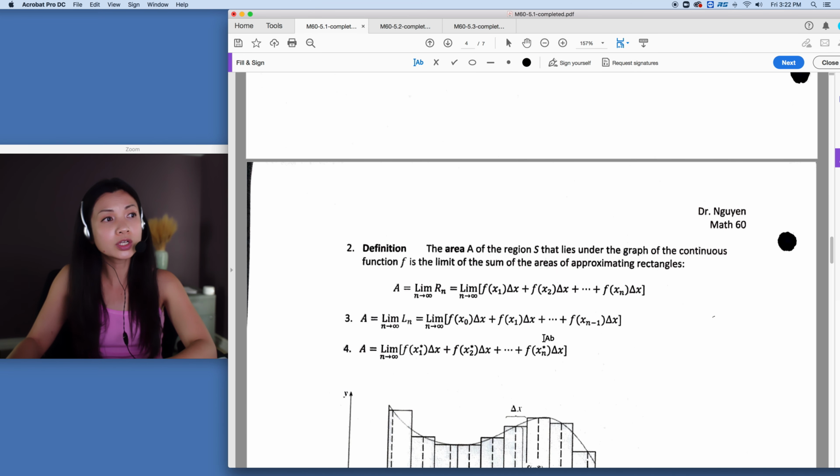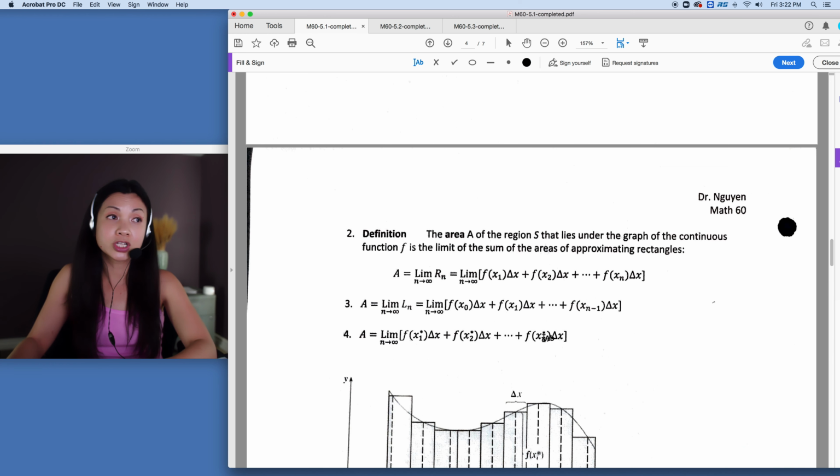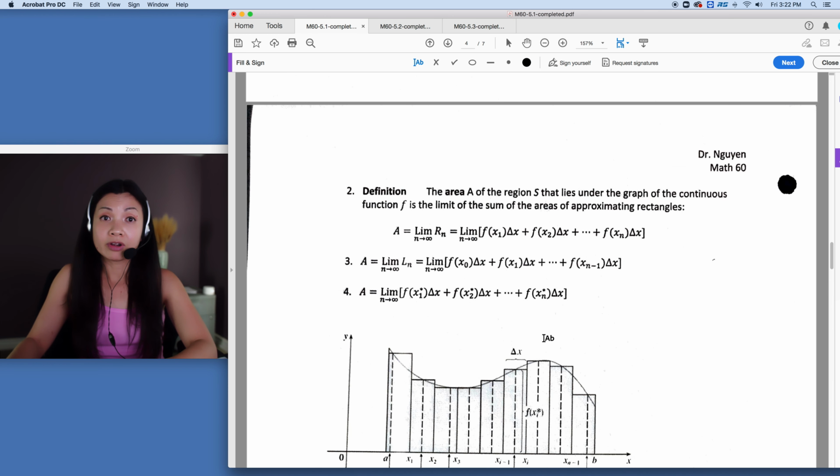Now moving on to the definition of area. The area A of the region S that lies under the graph of the continuous function f is the limit of the sum of the areas of approximating rectangles. So I'm taking Rn right here, and then taking the limit.